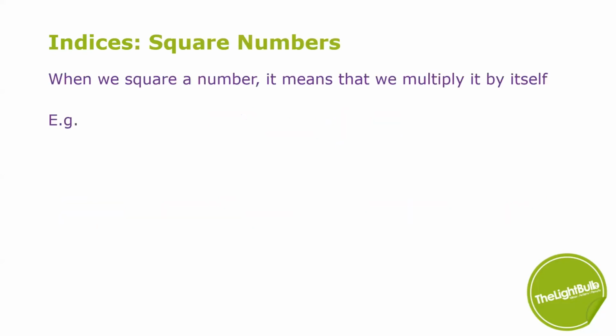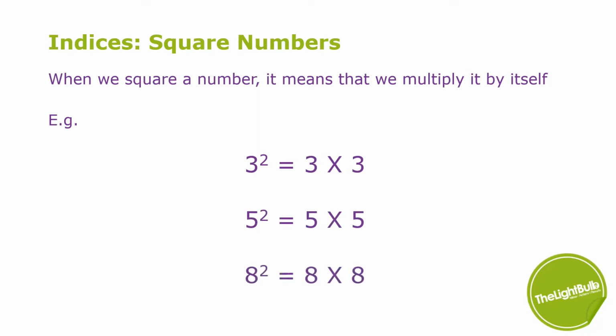So when we square a number, firstly, it means that we multiply it by itself. For example, 3 squared means 3 times 3. 5 squared means 5 times 5. 8 squared means 8 times 8, and so on.